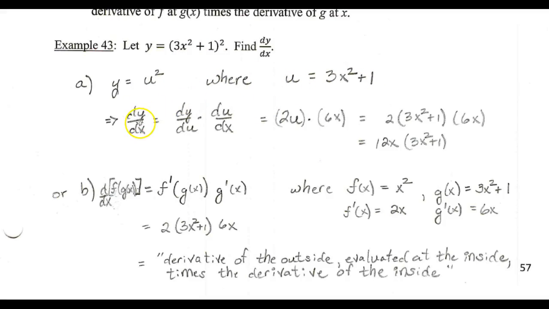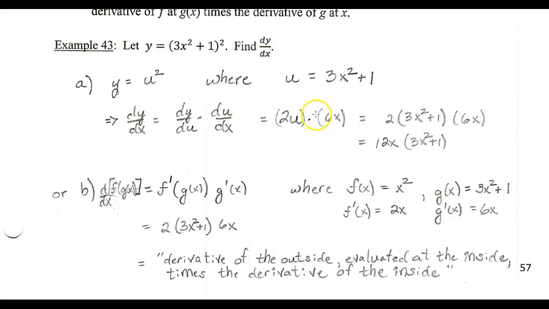So the first thing I think about if I want to take dy dx is I take the derivative of y with respect to u. So I think of y as being a function of u, even though it's really a function of x. So the derivative of y with respect to u is 2u. Then I multiply that times the derivative of u with respect to x. The derivative of u with respect to x is 6x, a pretty simple derivative.